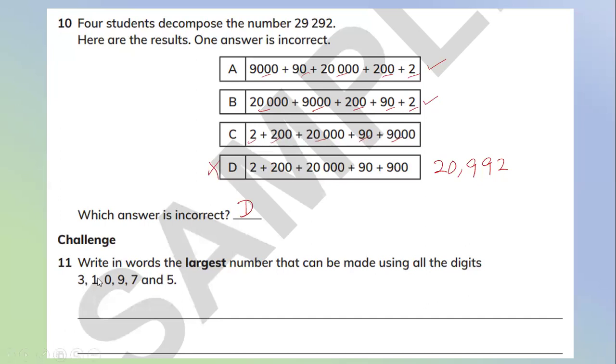Challenge number 11. Write in words the largest number that can be made using all the digits. Okay, let's write down the digits first and then let's write in words. So the largest one is 9, 7, 5, 3, 1, 0.